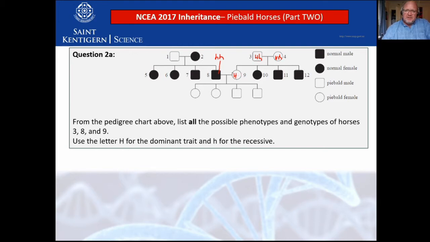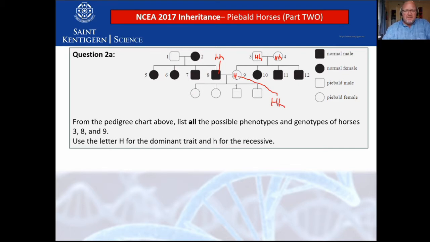But when you look at the offspring between this one and that one, all their offspring are piebald, which shows you it's a high likelihood, not definite. So this one can be big H, little h, okay, and so can all of these.